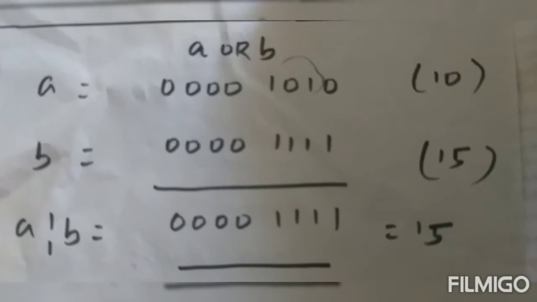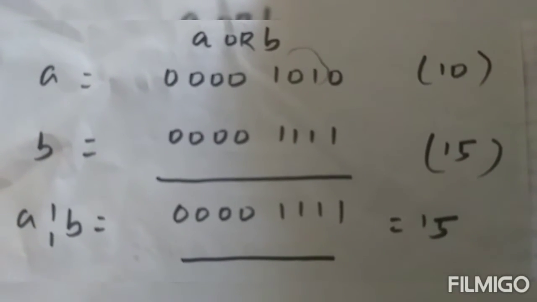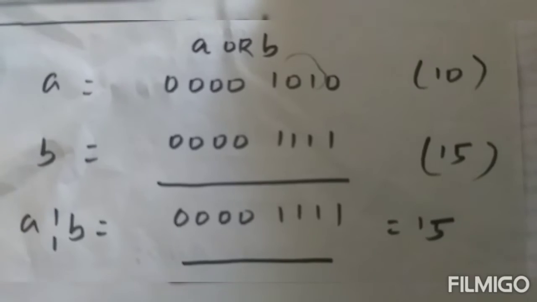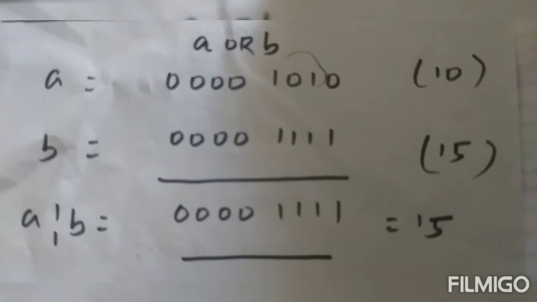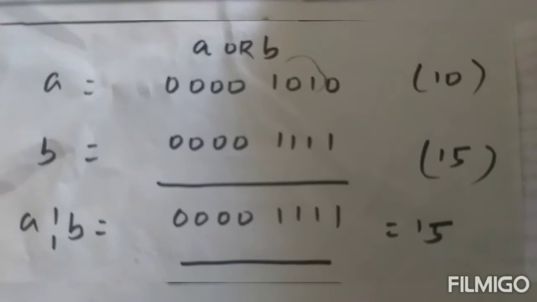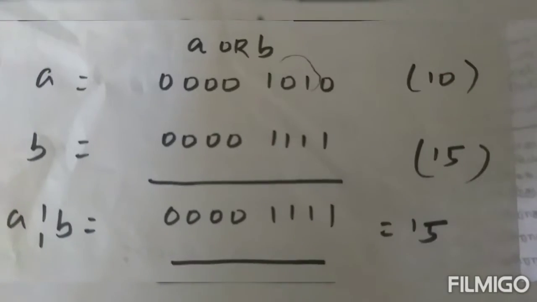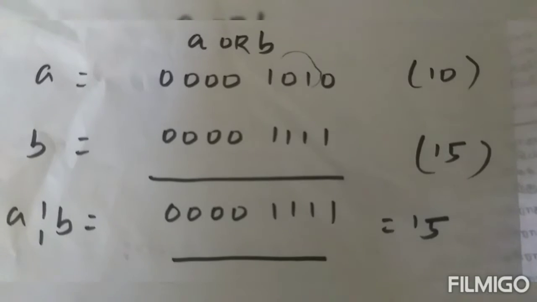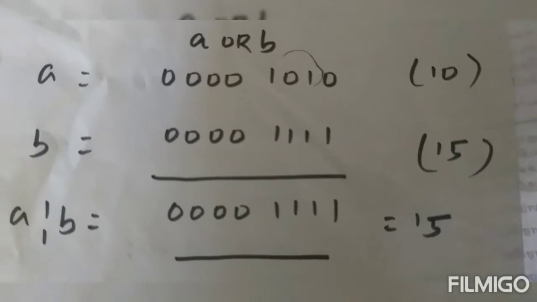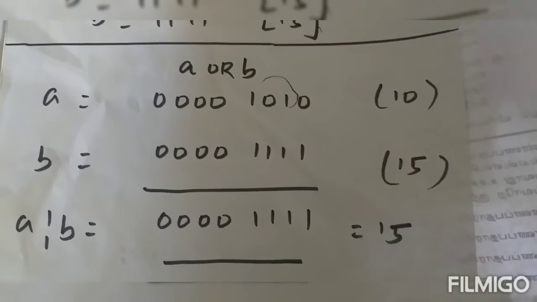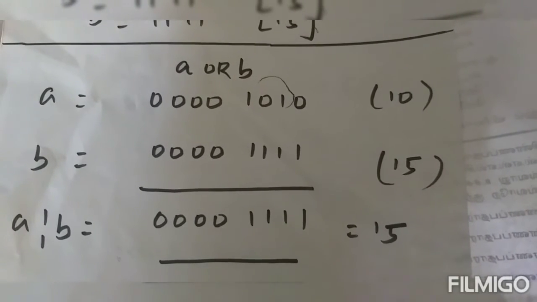So we get for a 0000 1010. Right. For b, it is 15. 15's binary is 1111. So obviously we'll get 0000 1111. Right. So when we OR it, we get 0000 1111, and its equivalent is 15.